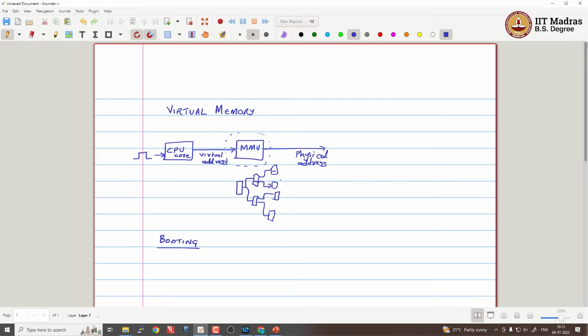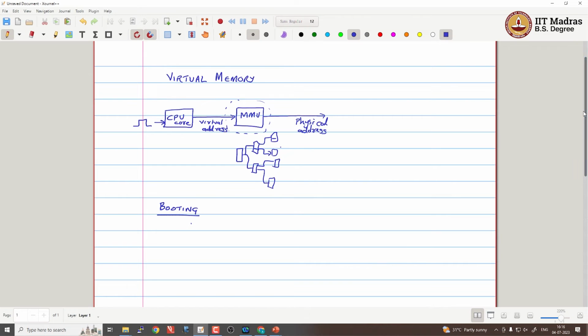So prior to the MMU being enabled, the physical address is going to be equal to the virtual address. In other words, the CPU puts out a particular address on the bus, and this address is essentially just the physical address.